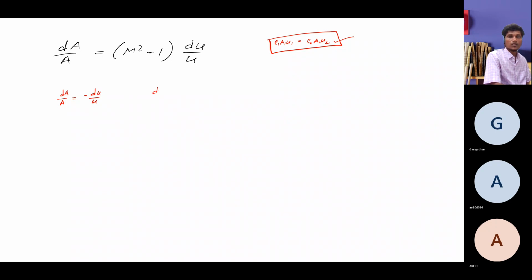And if the Mach number is greater than 1, then it will be some positive term, some positive constant K1 times du by u, with some constant K2. Now you see the convergent divergent section.